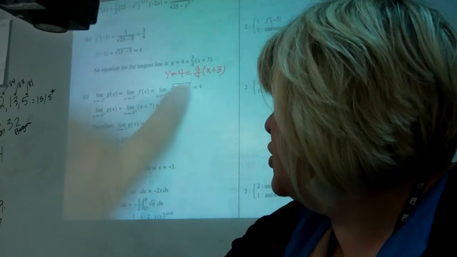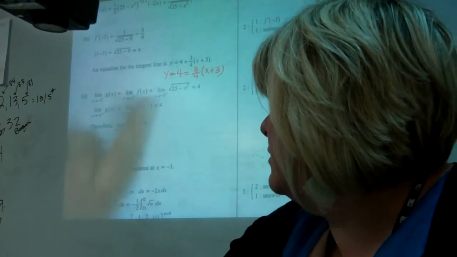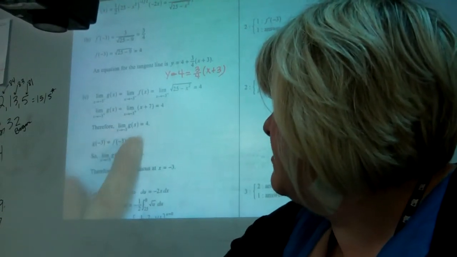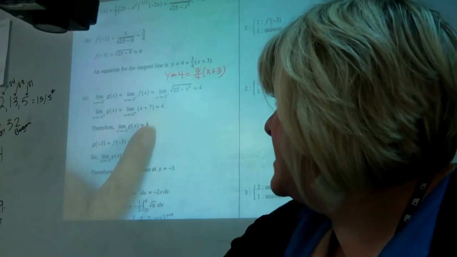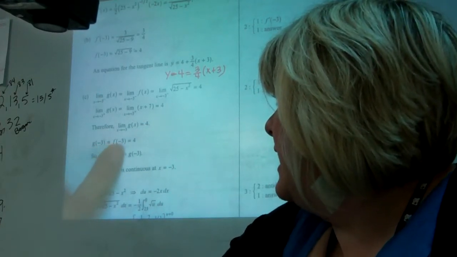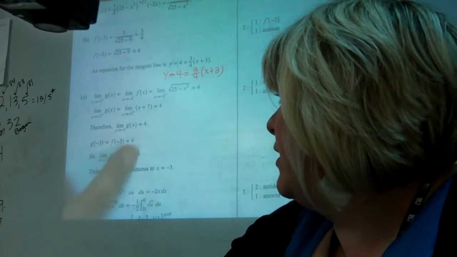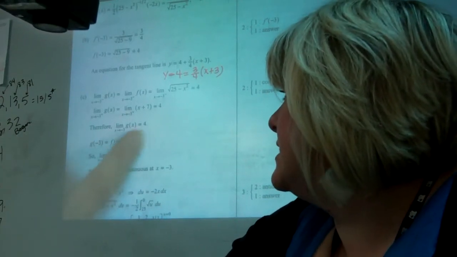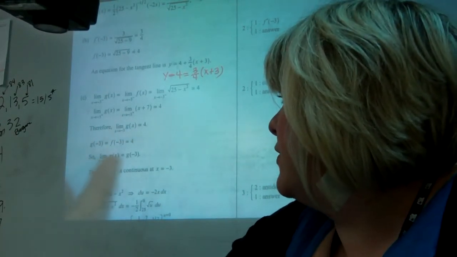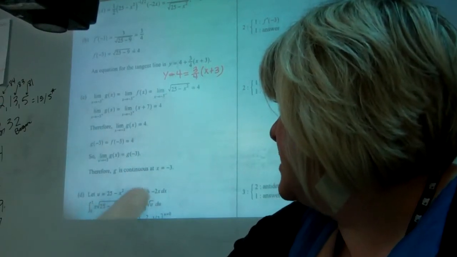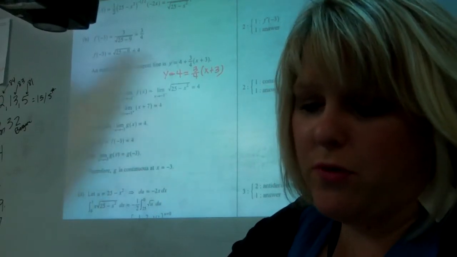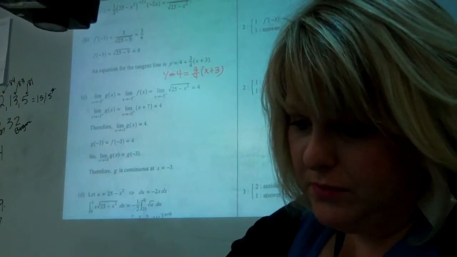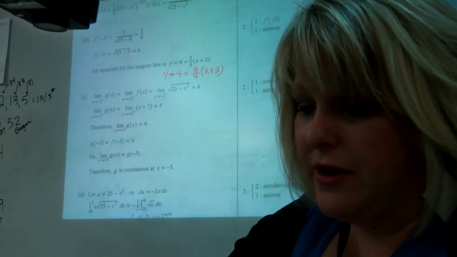So you could show that without using all these little limit signs. So the limit is 4. The limit exists and it's 4. And f of -3, or in this case g of -3, exists, it's 4. And so those two things are equal. So g is continuous at -3. You don't have to be this formal if they can see that you understand the concept.